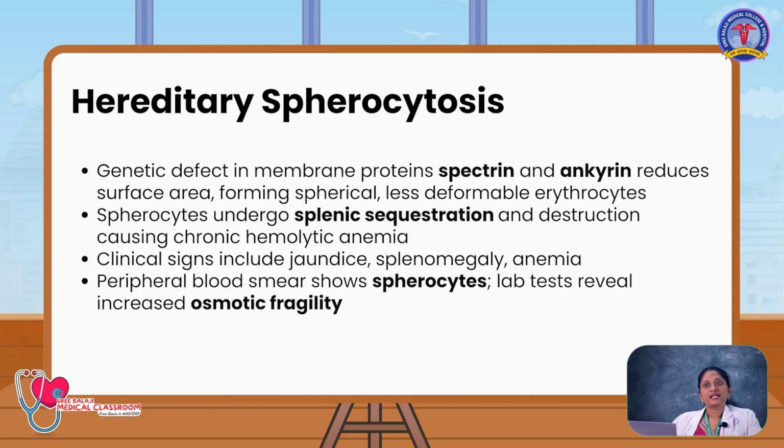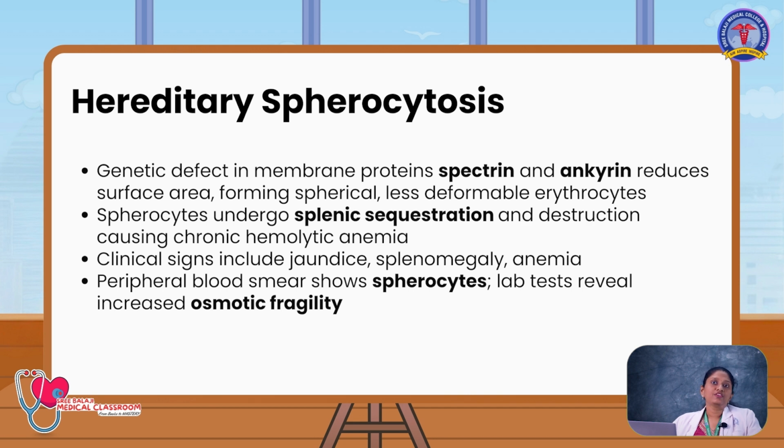When these erythrocytes pass through the splenic sinusoids, they undergo splenic sequestration and destruction, and this causes chronic hemolysis in these patients. Clinically, these patients will present with chronic jaundice, splenomegaly and anemia.